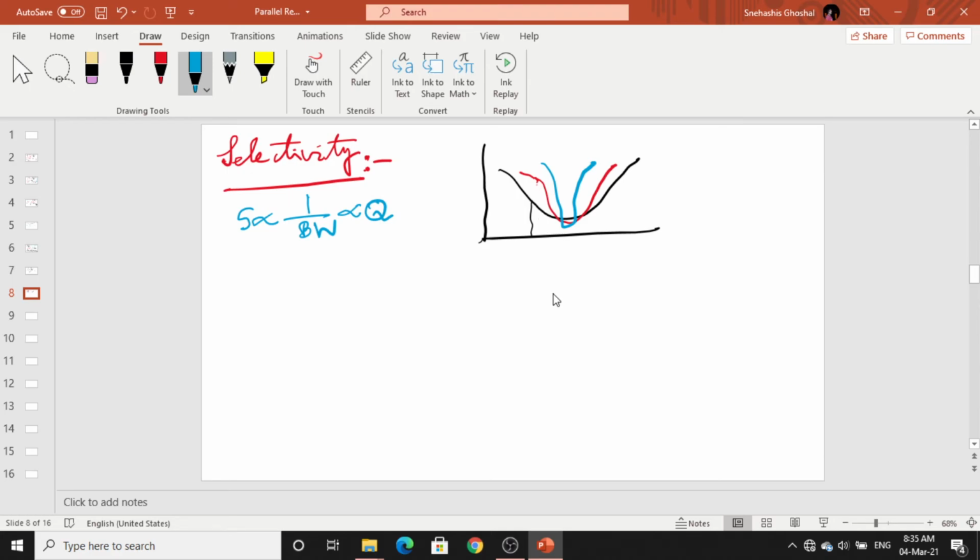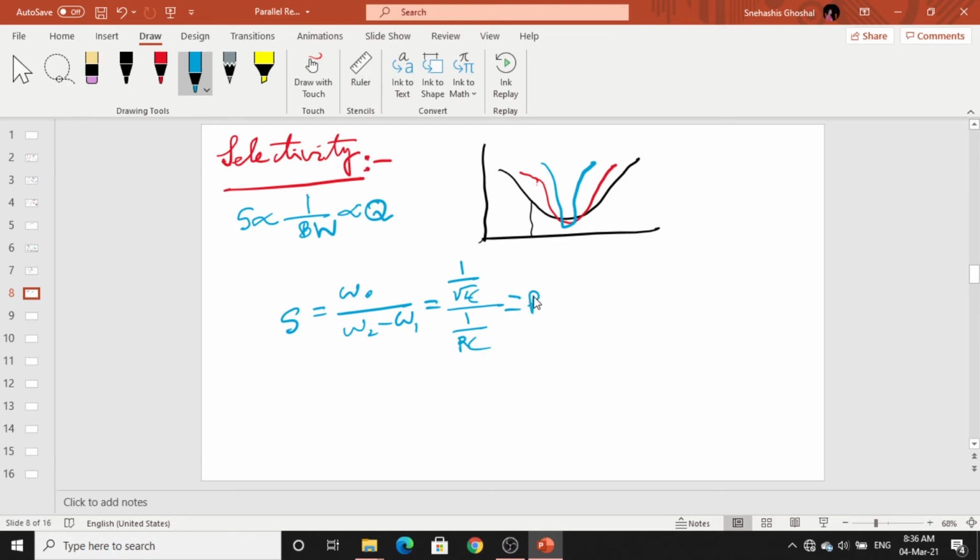I am just writing the formulas here also for your benefit. The selectivity is 1 by bandwidth, so omega naught by omega 2 minus omega 1, because omega naught is 1 by root LC, and this omega 2 minus omega 1 is 1 by RC.